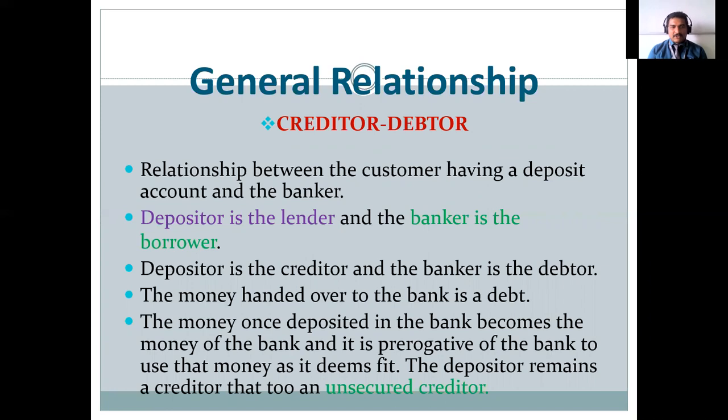The money deposited by the customer will earn some interest in a particular time duration. The banker is the debtor since they are getting money from the customer, and the customer is the creditor since they are giving their money to the bank. So this relationship is called a creditor-debtor relationship.